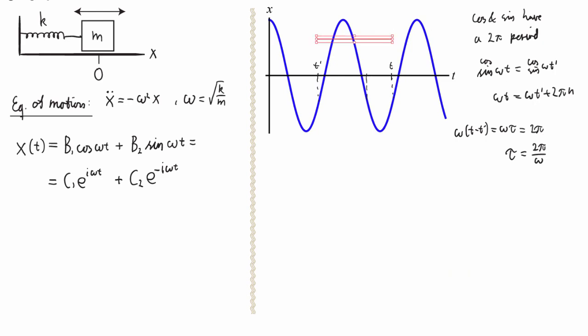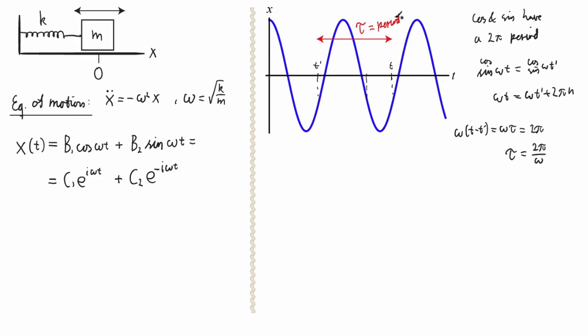So this time distance here, t, that's the period. So that means that over here we can then write the tau, the period, is 2 pi over omega, or 2 pi times the square root of m over k in this case. Okay, so much for the period.